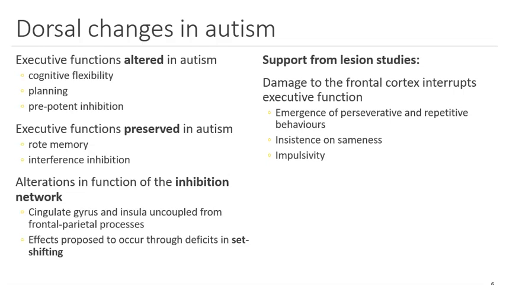And then all of these are supported from lesion studies. So again, these are studies done in animals. We see damage to the frontal cortex will interrupt executive function, so an emergence of repetitive behaviors, insistence on sameness and impulsivity.